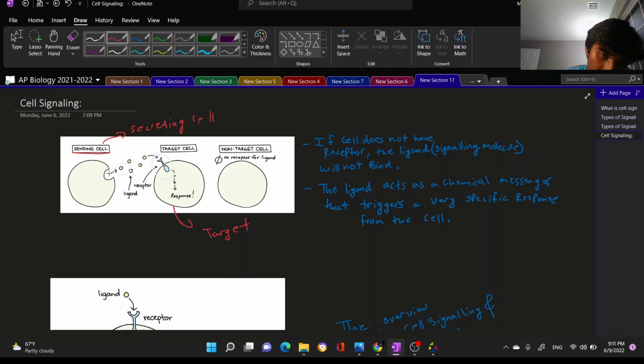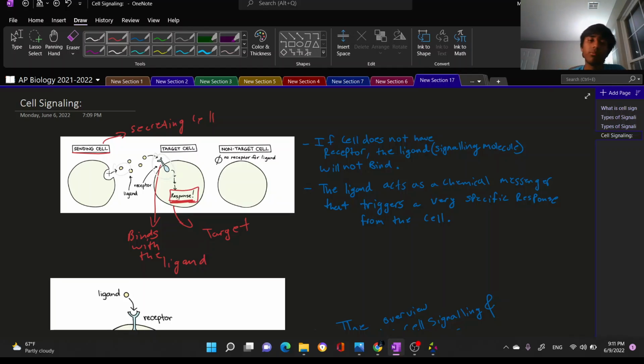This receptor right here binds with the ligand or the signaling molecule, and this actually ends up passing on a message to this target cell, and this target cell ends up breaking that message down through a series of chemical reactions and actually ends up giving you a response at the end.